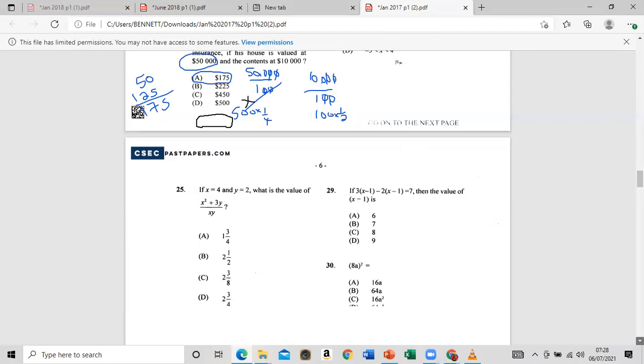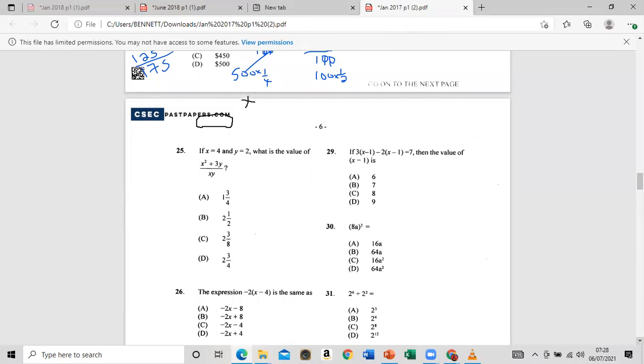All right, if x is equal to 4 and y is equal to 2, then the value of x squared plus 3y over, so x is 4, so that's 4 squared plus 3 times 2, divided by 4 times 2.